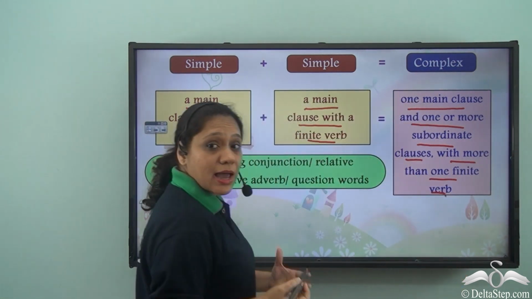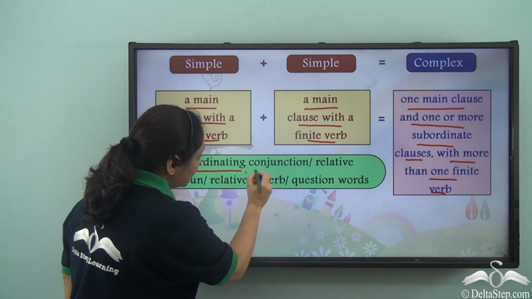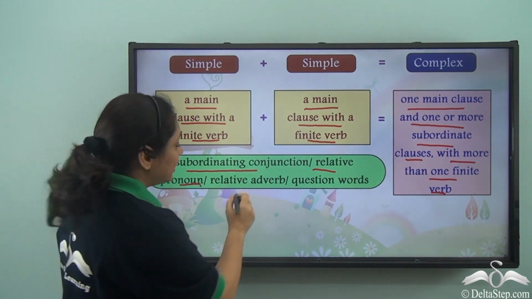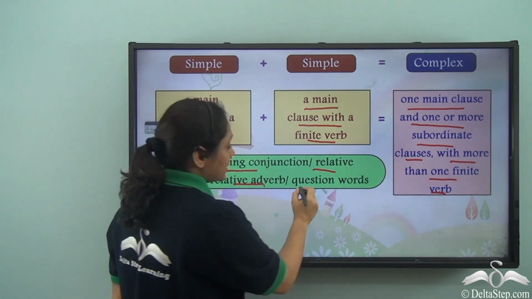Now, these clauses are joined by either subordinating conjunctions or relative pronouns or relative adverbs or question words.